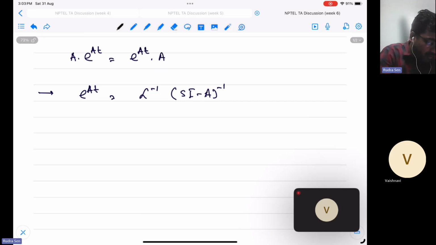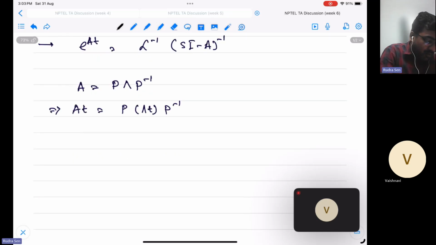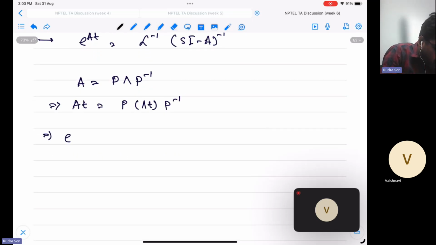For that case, we know that A is equal to P lambda P inverse, where lambda is a diagonal matrix and P is a modal matrix. If we multiply it with the scalar t on both sides, what do we get? Since t is a scalar, we can put it anywhere. Now take an exponential, and we get e to the power P lambda t P inverse.